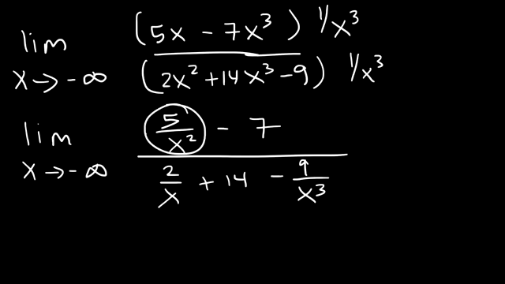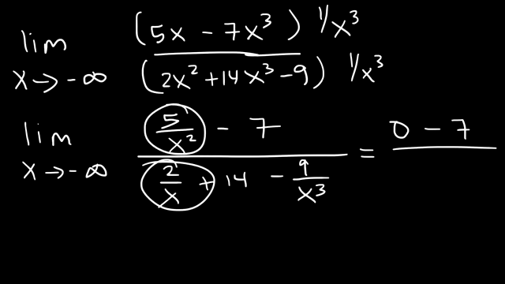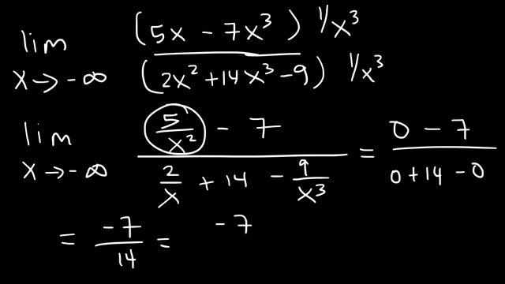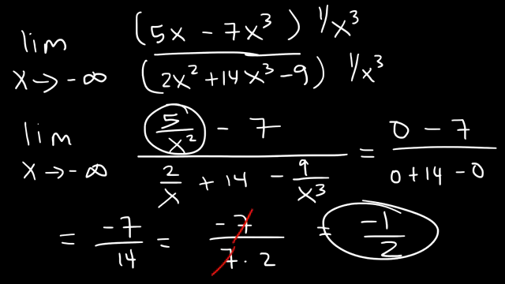So here we have a rational function that's bottom heavy. That's going to turn into a 0. The constant will remain the same. This is bottom heavy too, so that's going to be another 0. So it's going to be 0 plus 14, and that's bottom heavy, so that's going to be 0. So we're going to get negative 7 divided by 14, and 14 you can write as 7 times 2, at which point you can cancel a 7. So the final answer is negative 1 over 2. And so that's how you can calculate the limit of that expression.